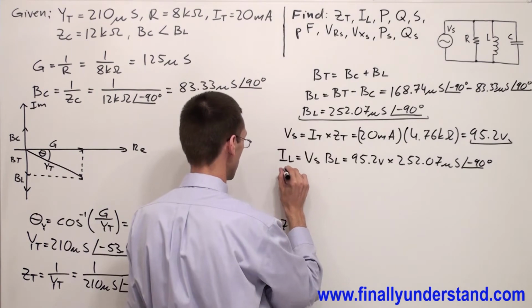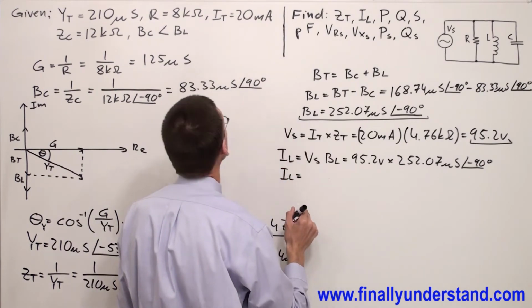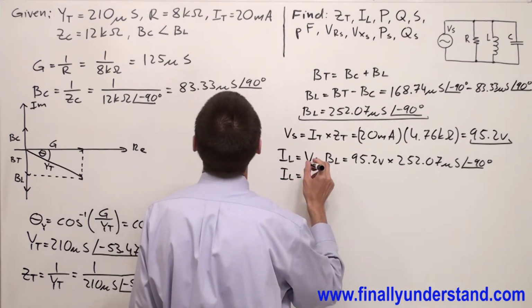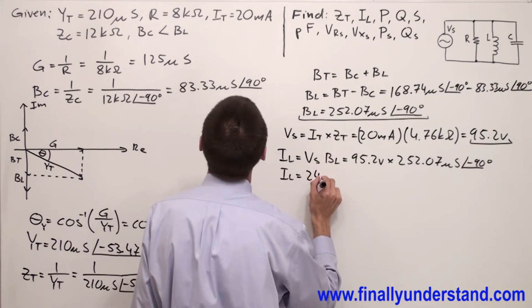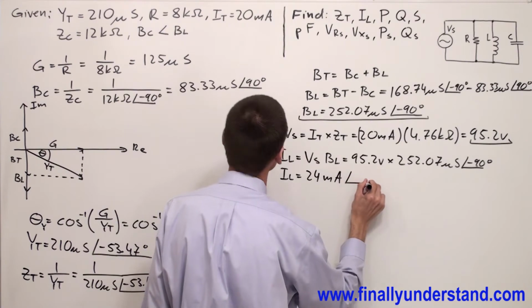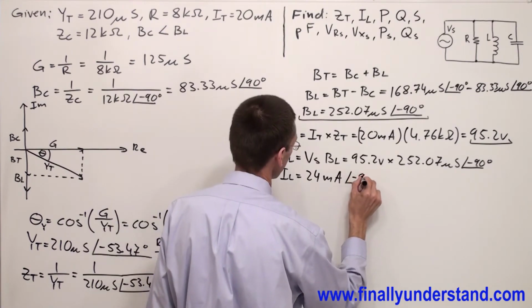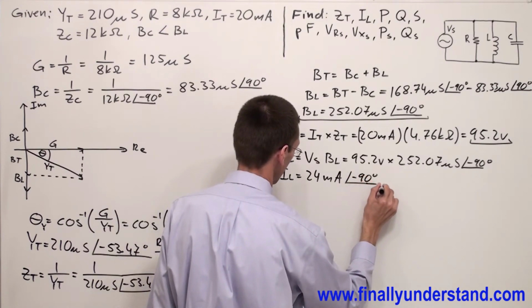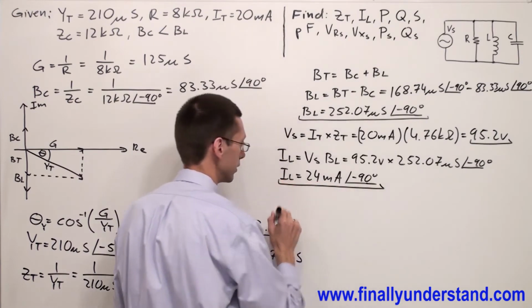So IL is equal to 24 milliamps and an angle of negative 90 degrees. So this is my current IL.